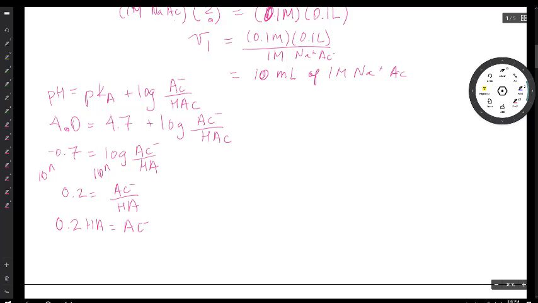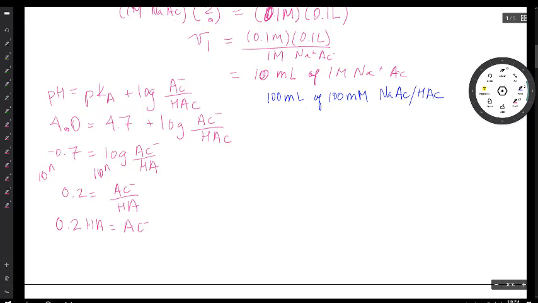That's the fact that our buffer, that we want 100 milliliters of 100 millimolar sodium acetate plus acetic acid buffer.